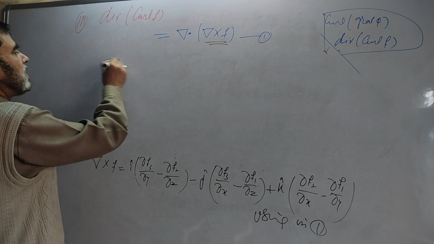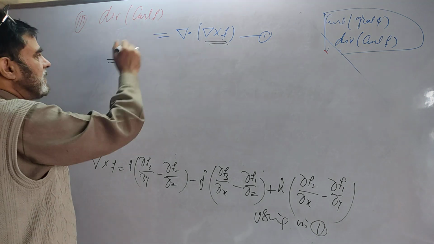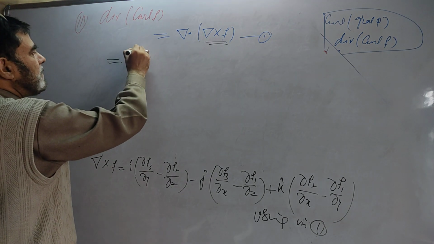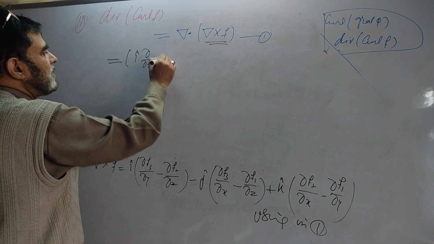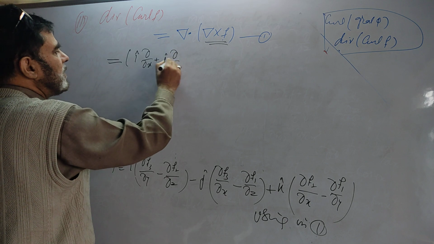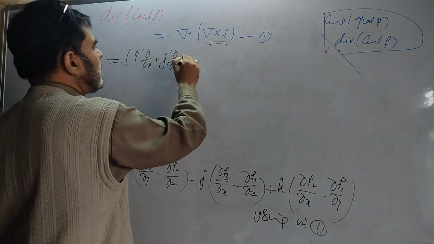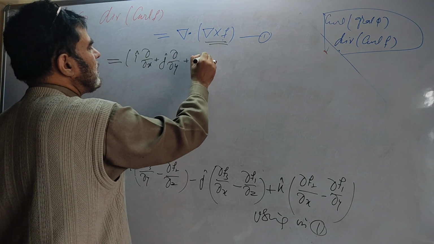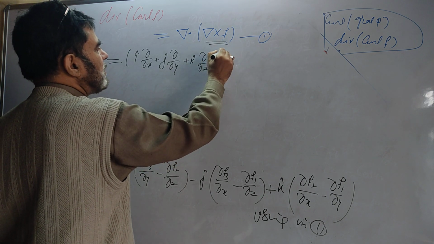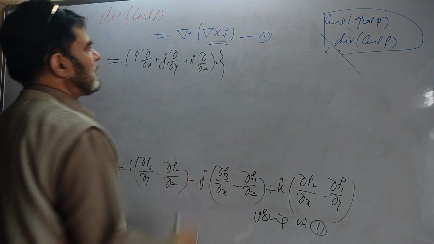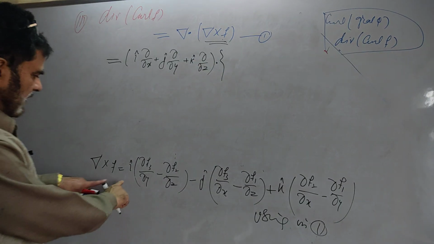Well, I will write the value of del operator. It is I dou by dou x, j dou by dou y plus k unit vector dou by dou z, then dot, use the value of this del operator cross f that I found here.